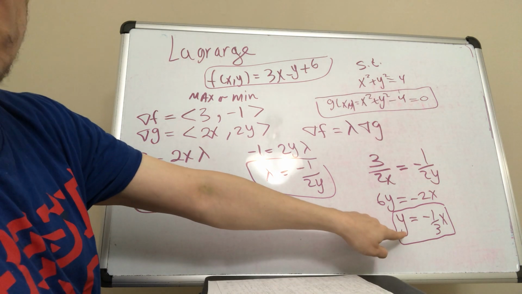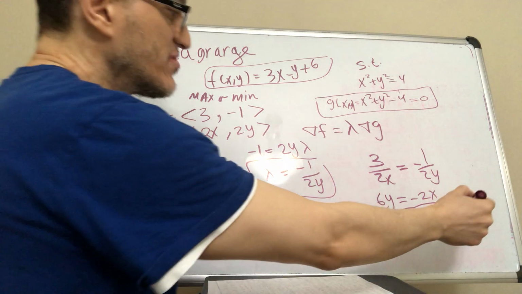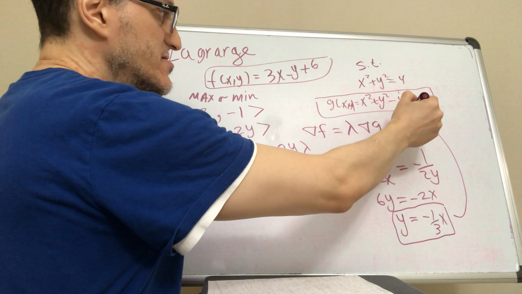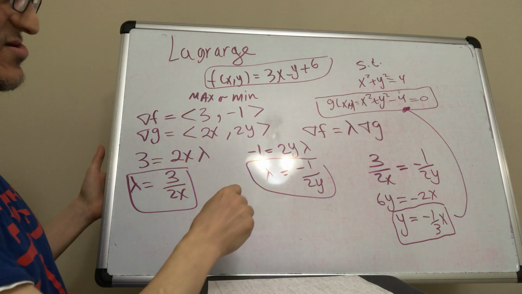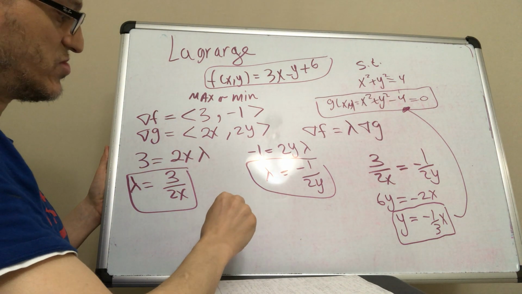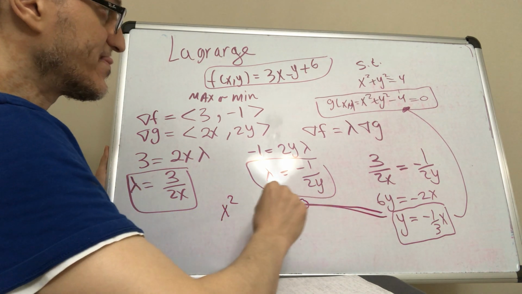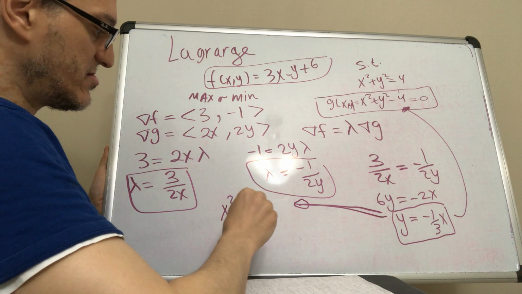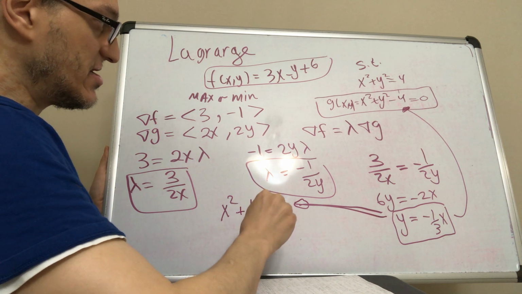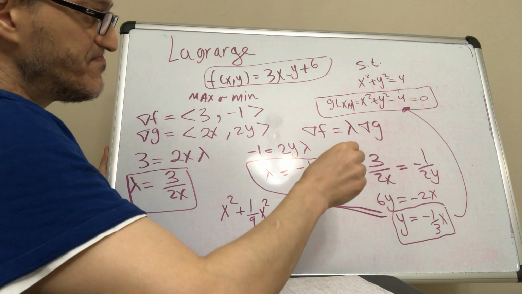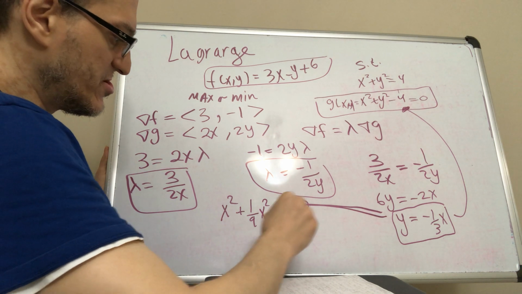Once you have your y, you plug it back into the constraint. So you have x squared plus this squared, which is 1 over 9 x squared, equals 4.